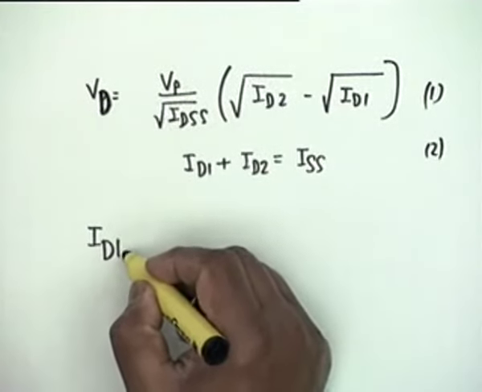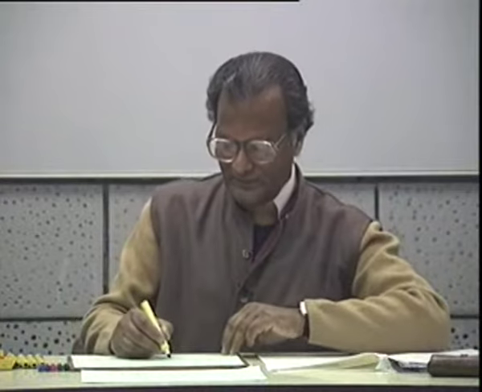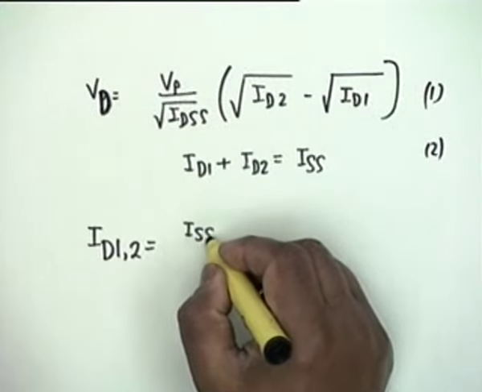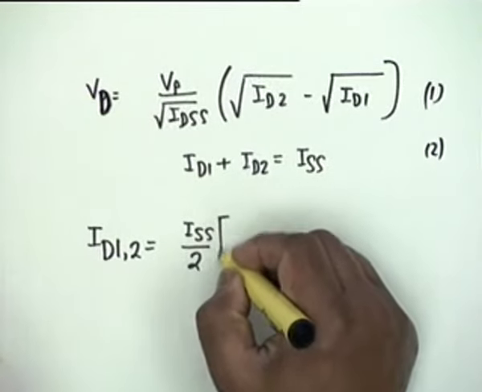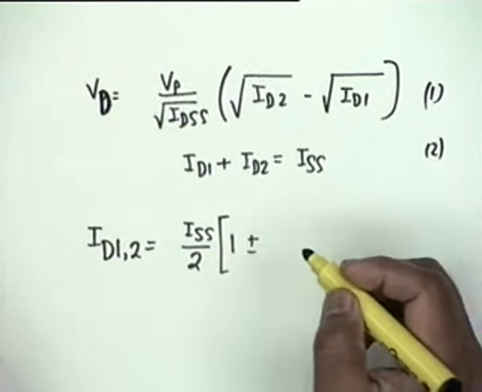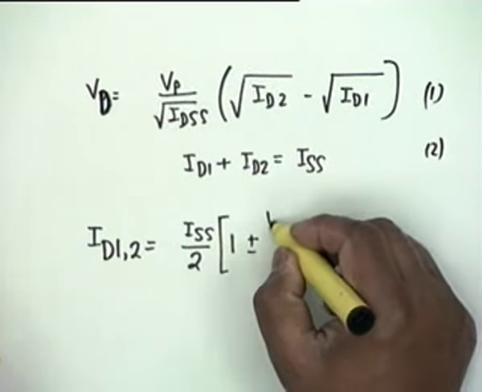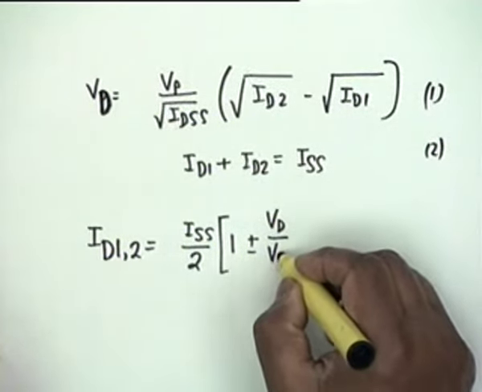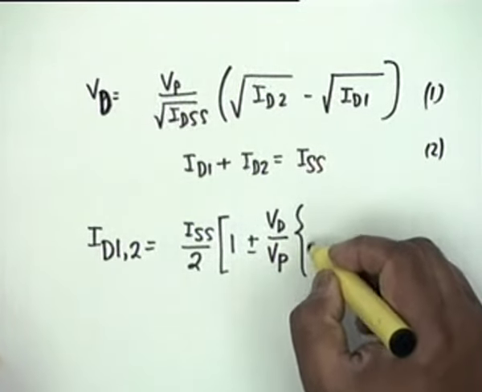The values are ID1 and ID2 equal to ISS by 2, times (1 plus or minus (VD by VP) times {2 IDSS divided by ISS minus (VD by VP) squared times (IDSS divided by ISS) squared} to the power half). It's not as simple as in the BJT case. It's somewhat involved.